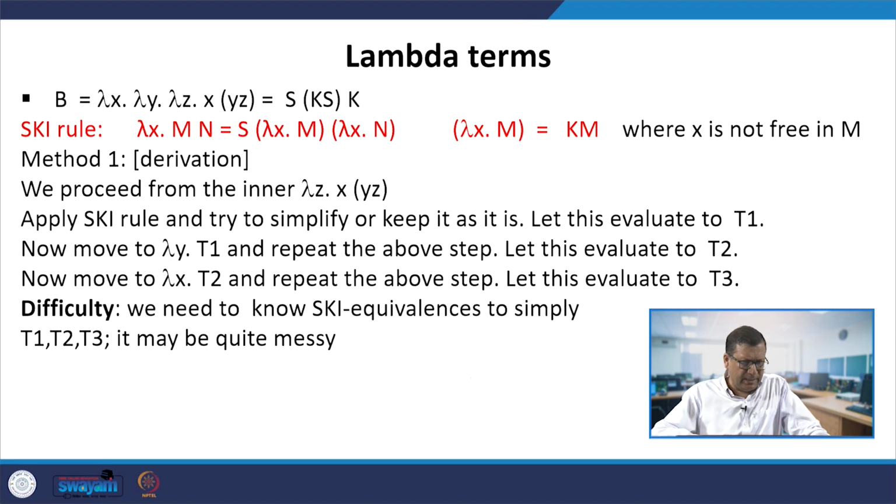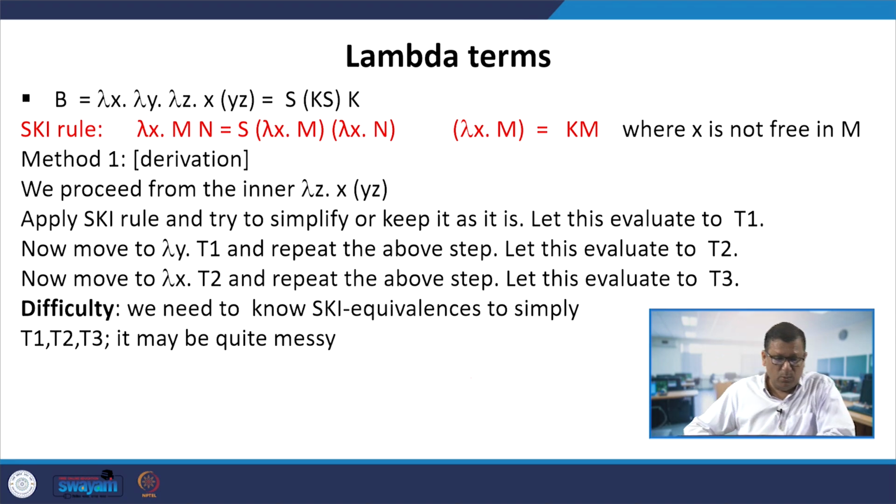Now this whole term is in neither of these formats, it is just lambda x dot m, with no other things there. So the idea here is to see only the inner part.